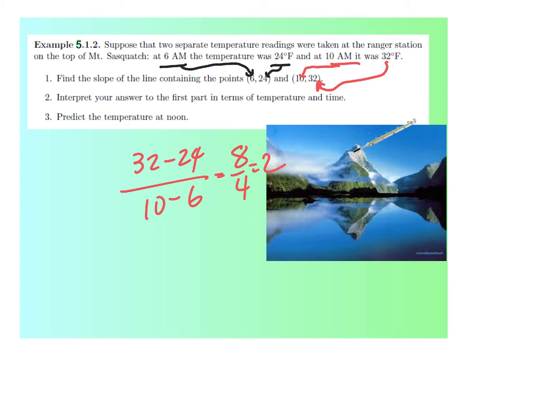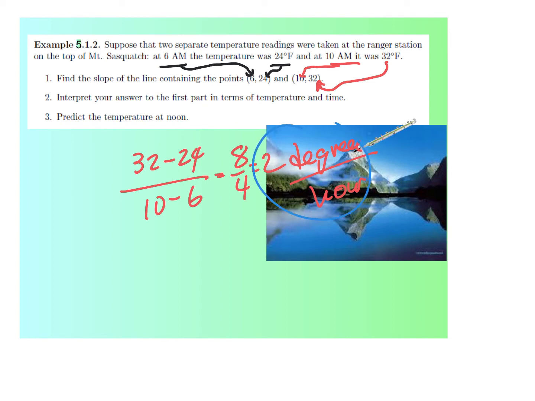But now it has context. Two what? Two Sasquatch? Two chickens? Two in the morning? What the heck's the 2? Michael? The 2 is a slope. Yes. But that's going to be a rate of change of degrees per hour, because that's the units of the top divided by the units of the bottom.